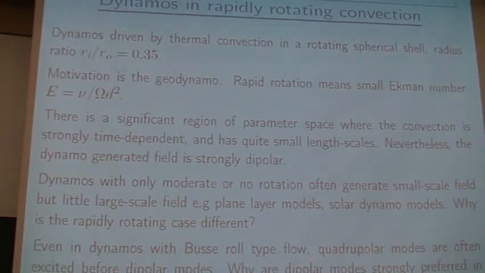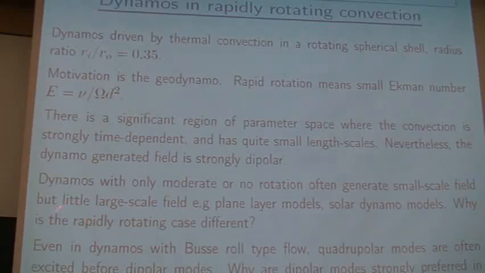An exception, of course, was taught by Anvar when he was thinking about his thin disks, but in a spherical configuration generally these two things tend to come in close together. So that raises the question of why we see these strongly dipolar modes preferred in planets. Really, what I'm going to talk about is why we see the dipolar mode strongly preferred in the simulations, because that's something I think I understand a little bit about now.